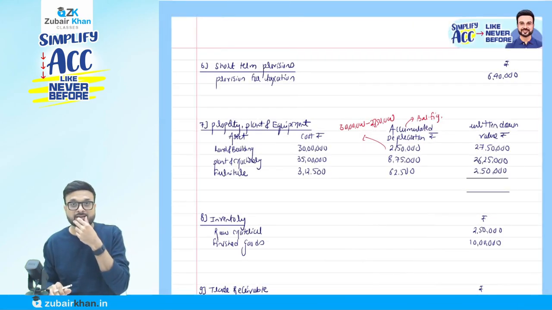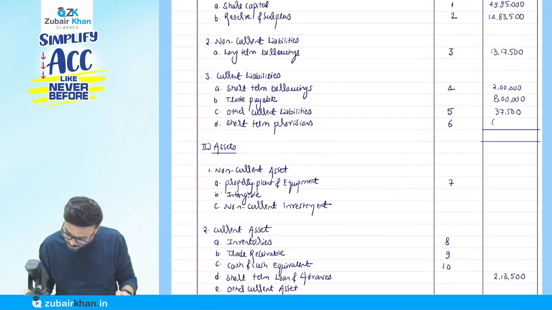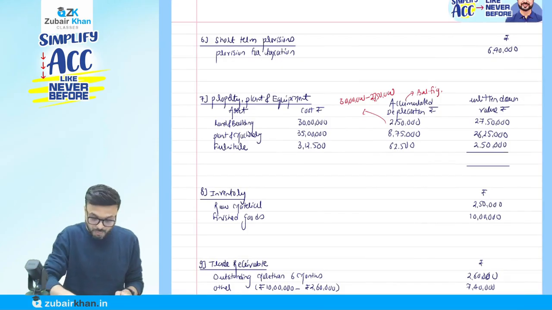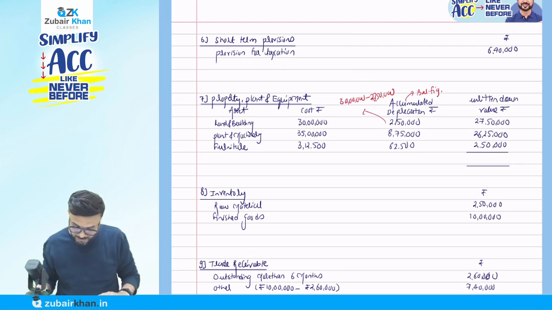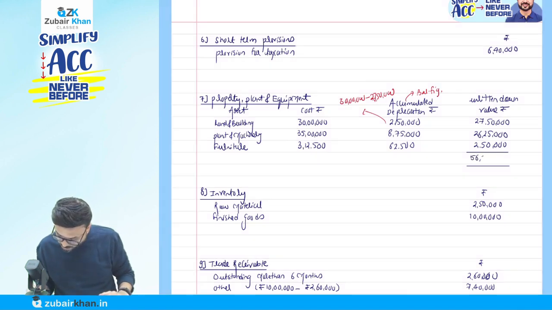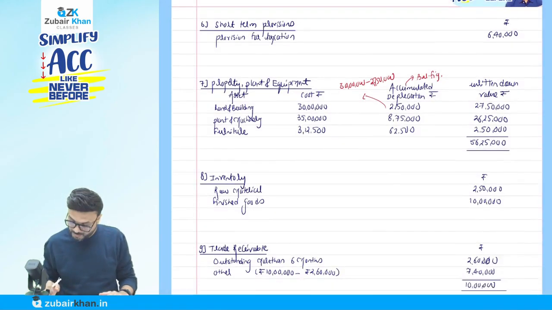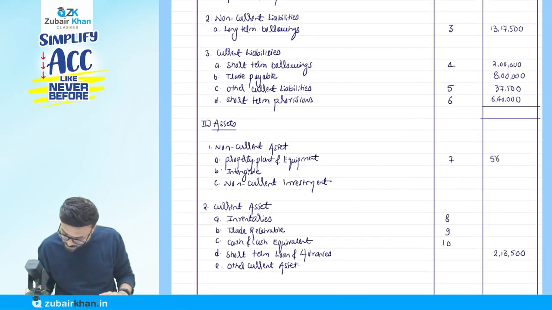Now 6 is short-term provision, 6 lakh 40,000. Then here we have to do the total here. 27 lakh 50,000 plus 26 lakh 25 plus 2 lakh 50. That is 56 lakh 25,000. So write down here 56 lakh 25,000.